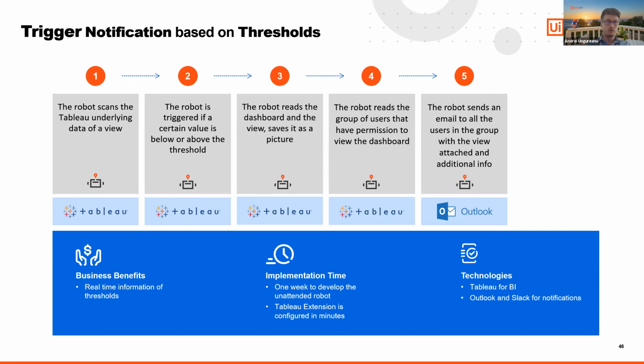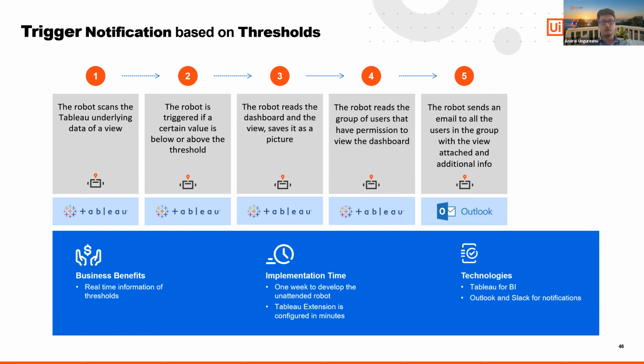So how it would look from a step-by-step approach: the robot would scan the underlying data from the view that you want to get the snapshot of. The robot would be configured to be triggered if a certain value is below or above a threshold. The robot will read the dashboard and the view that you selected and save it as a picture.